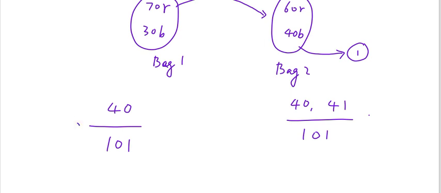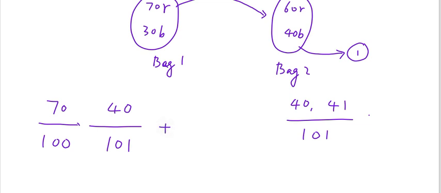So what is the chance this thing happens? The one from bag 1 is a red one, so then in bag 2 we still have 40 blue ones.